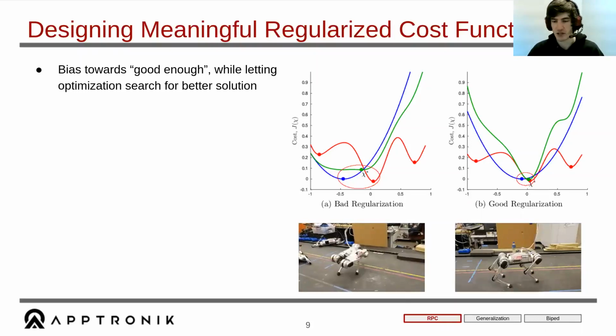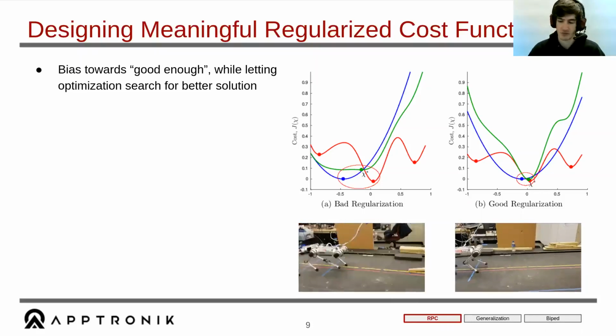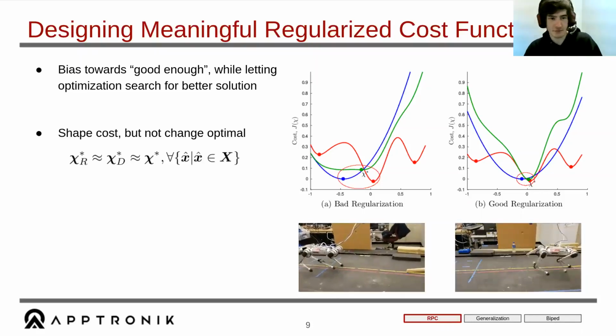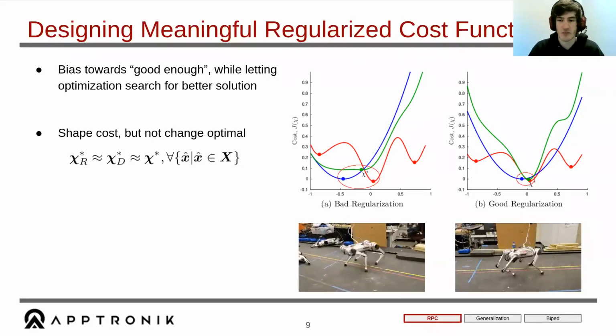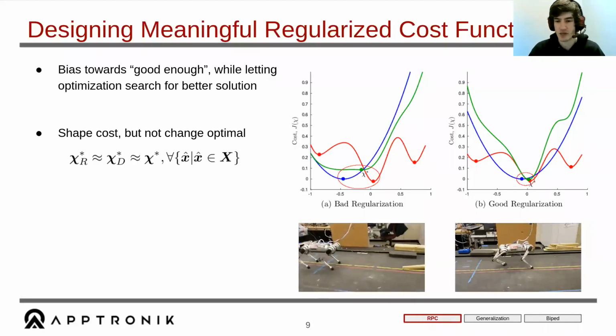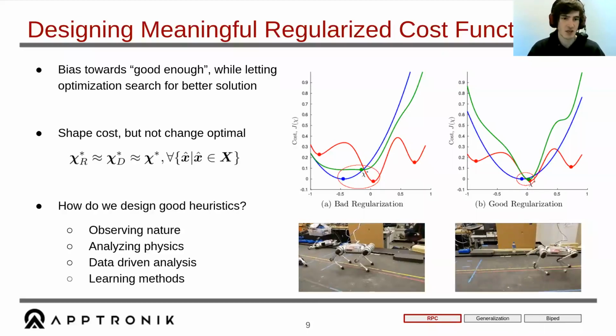So now we have much better behavior, even though the underlying controller is exactly the same. If you have better inputs, you're going to have better outputs. So we were able to shape the cost function to make it solve faster and make it solve nicer, but we didn't change the actual optimal.